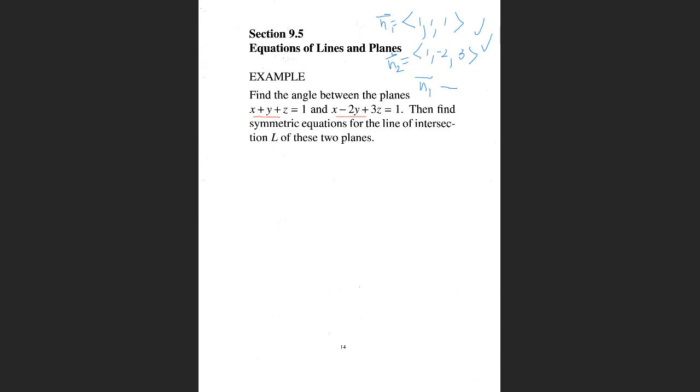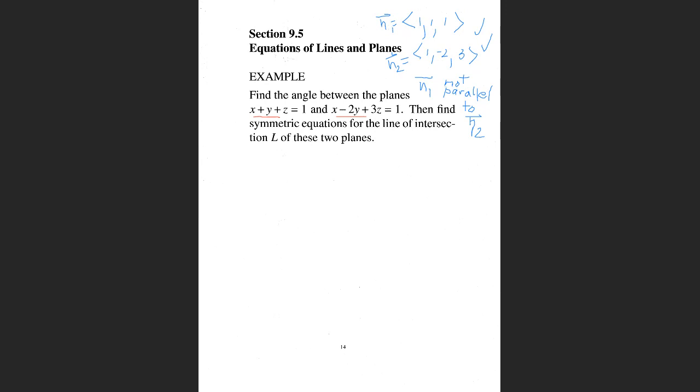I guess I would just say the vector n1 is not parallel to the vector n2. And so those vectors are not parallel.